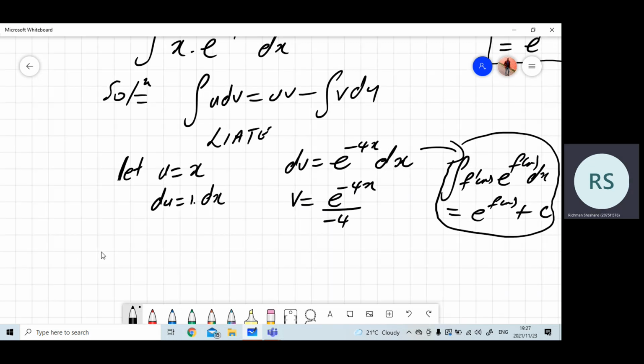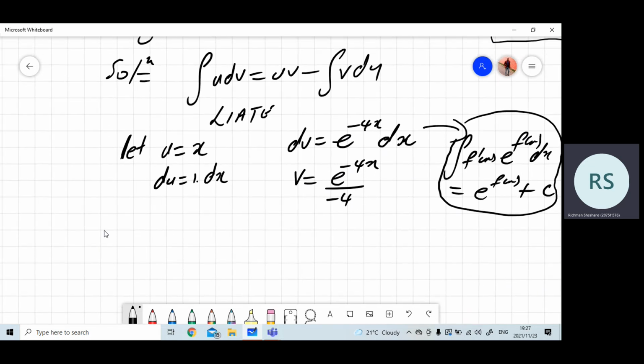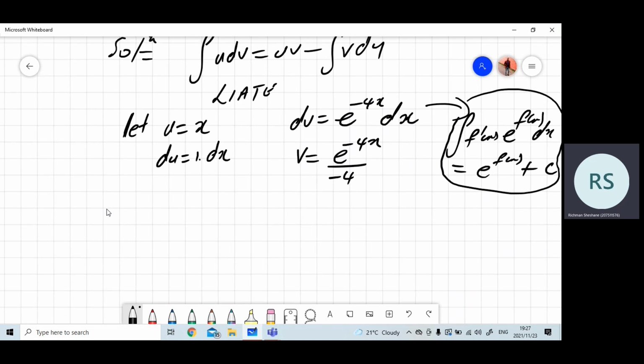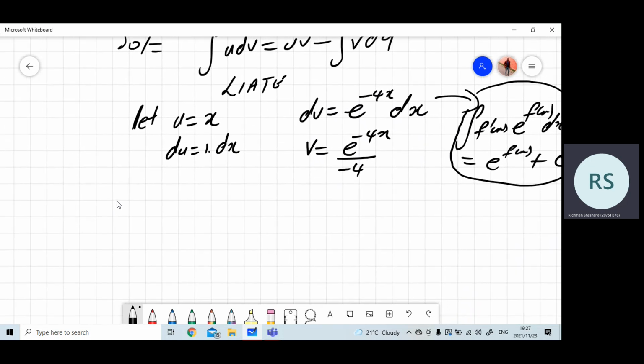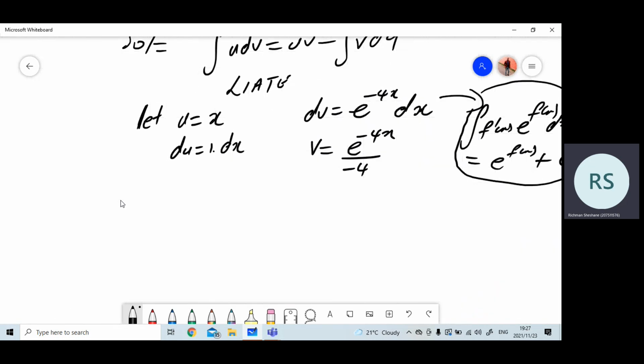So after you're finding u and dv and du and v, you're ready to use the integral by parts formula to evaluate your problem. Remember, we want to integrate x e to the minus 4x dx. We said this is u and this is dv.